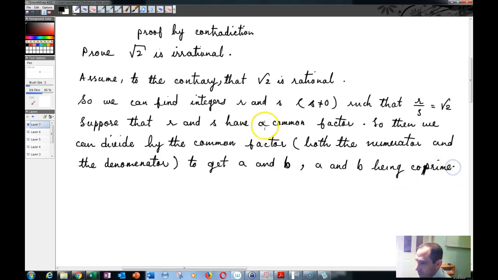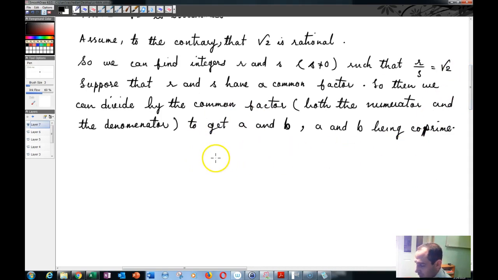What this step means is that, for example, let's say we have 8 and 2.